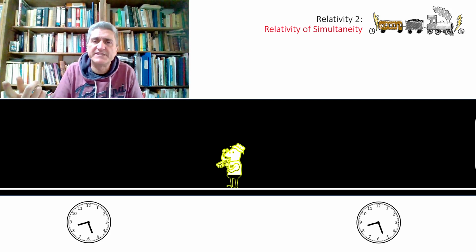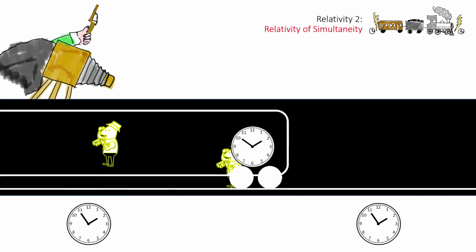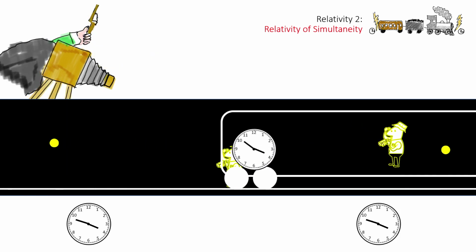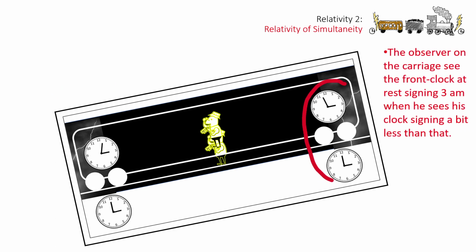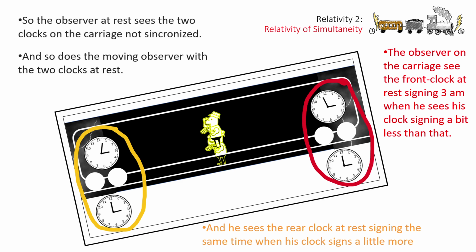In fact, the observer on the carriage sees the front clock at rest signing 3 a.m. when he sees his clock signing a bit less than that. Then, he sees the rear clock at rest signing the same time when his clock signs a little more than 3 o'clock. Consequently, the observer at rest sees the two clocks on the carriage signing two slightly different times when both his clocks sign 3 a.m.